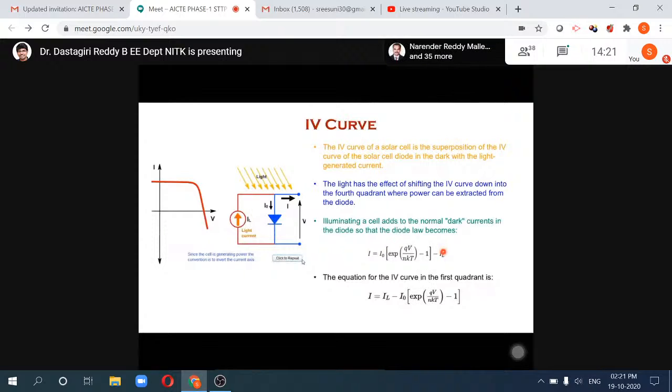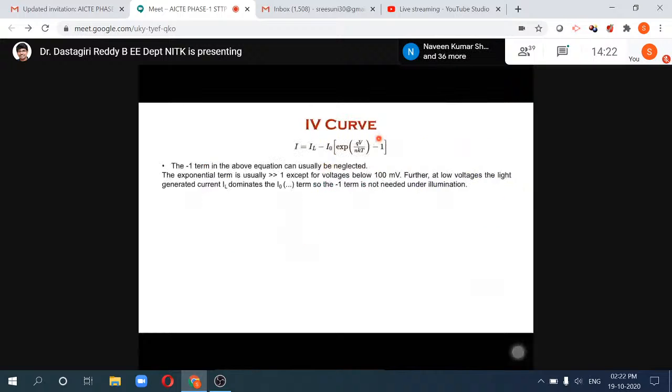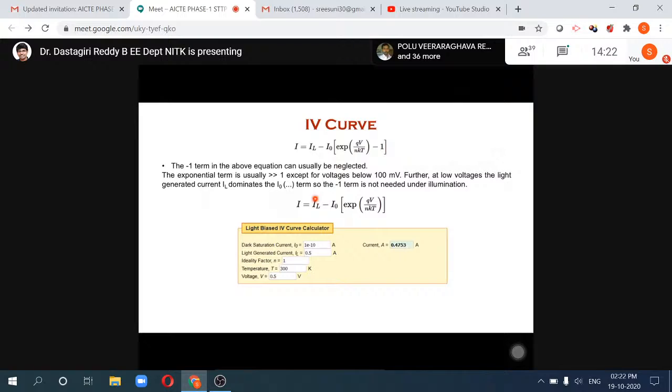If you do some mathematics, finally you can neglect this minus 1 because obviously this will be quite high, and the total current will be the light generated current minus the diode current. The diode current is happening because of diffusion. It can be electron diffusion or hole diffusion. So basically, what is directly passing through the junction is diffusion current.